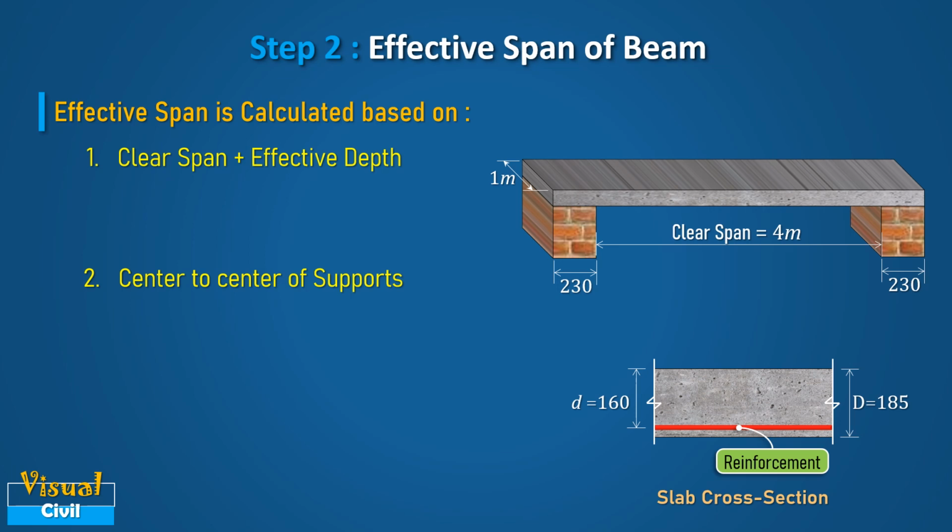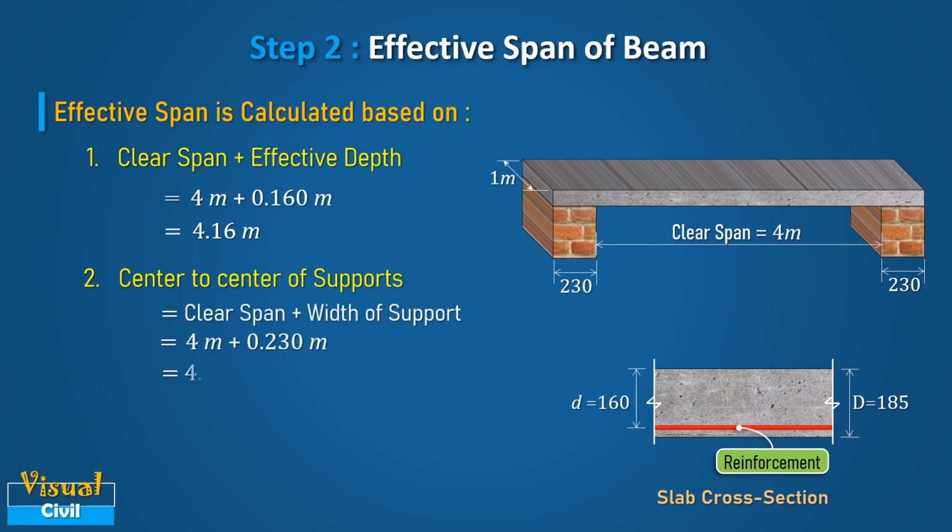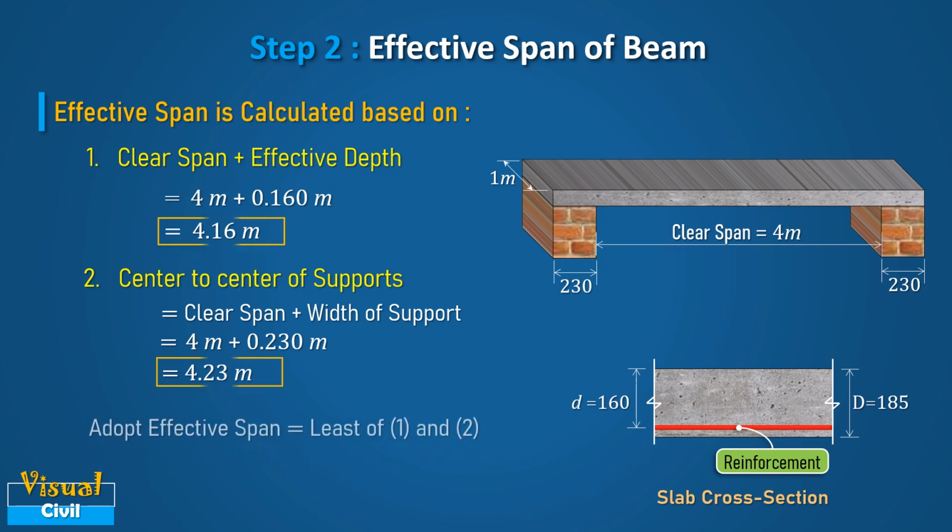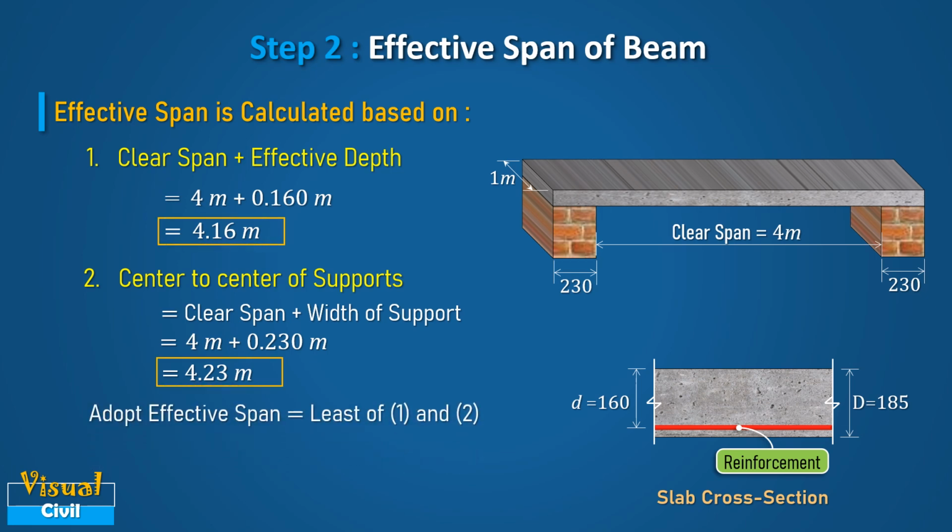Hence, let us calculate first clear span plus the effective depth of the slab, which comes to 4.16 meter, and second center to center of supports, which is 4.23 meter. Adopt effective span equal to the least value between first and second, which is 4.16 meter.